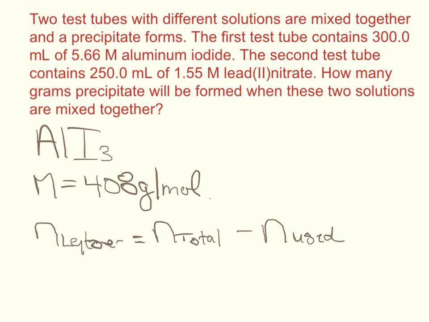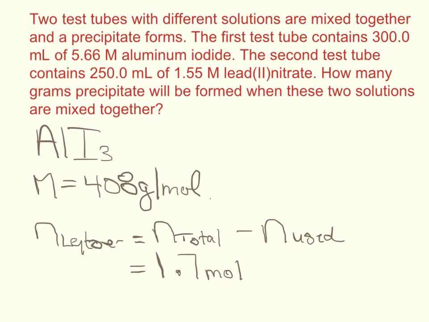So the number of moles total, that's the easiest one to find because that's the first number of moles you calculated. So if you remember back to the other question, the total number of moles of aluminum iodide was 1.7 moles. And you take that number before you do the mole ratio.